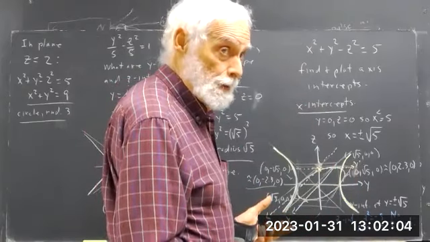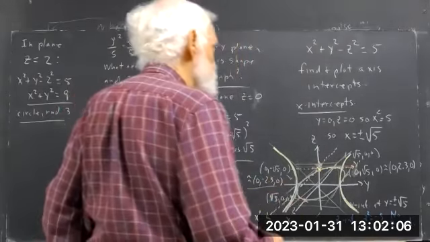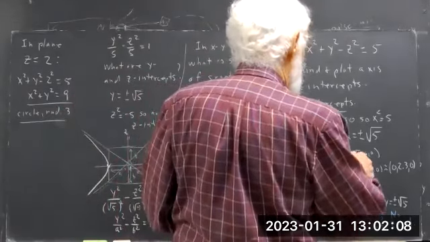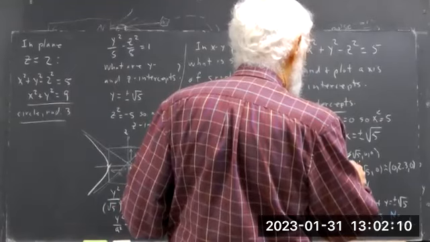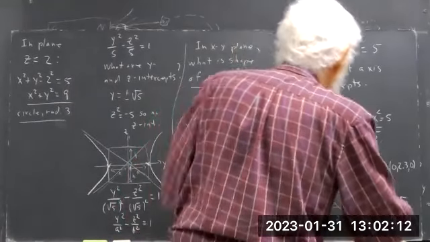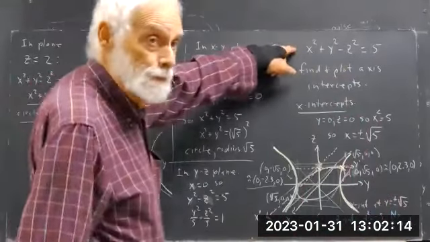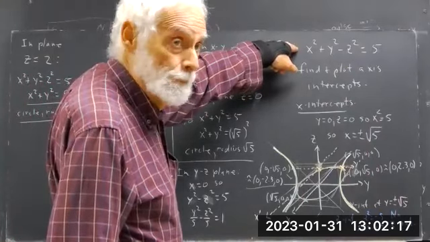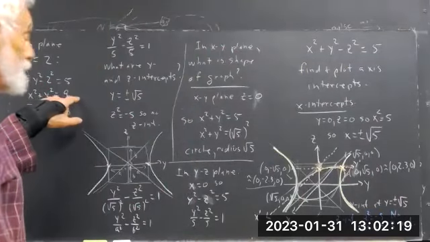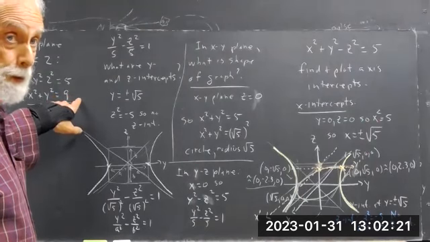Now, a couple of things. That circle has to intersect this hyperbola here, because this hyperbola is part of the graph of this function, and so is this, in the z equals 2 plane.